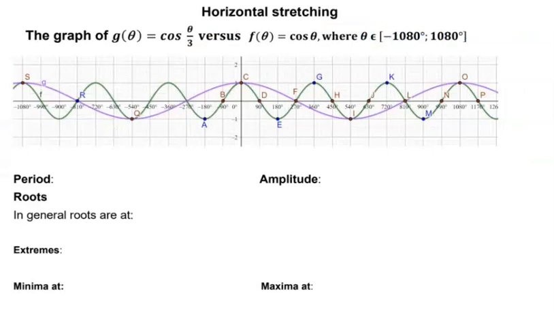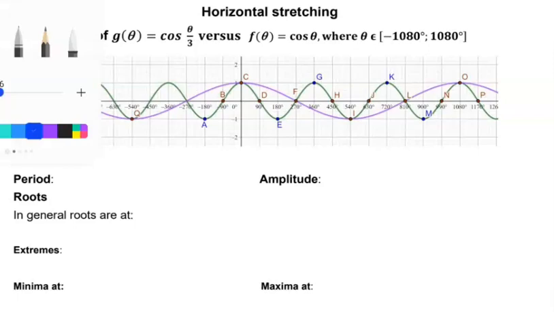On this page you can see the purple graph here is the horizontally stretched graph of cos theta over 3, and because we divide it by 3, we will now change the period.